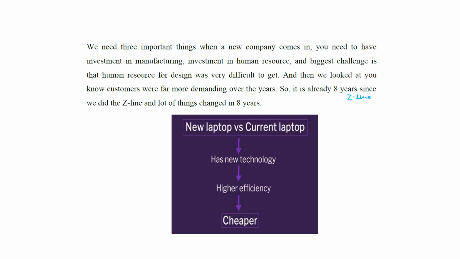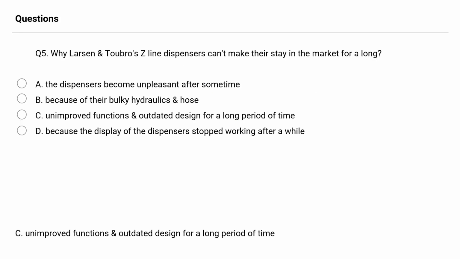So the professor gives the example of laptops, could be even mobile phones as well, wherein they come with new technology, better efficiency, and cheaper price. Every few months you will find a newer version of the same brand, right? So that's where we are saying unimproved functions and outdated design for a long period of time.